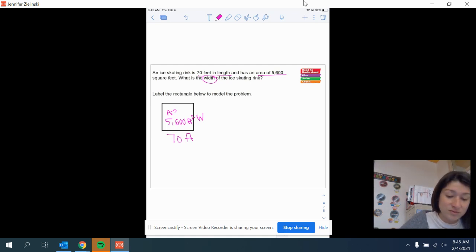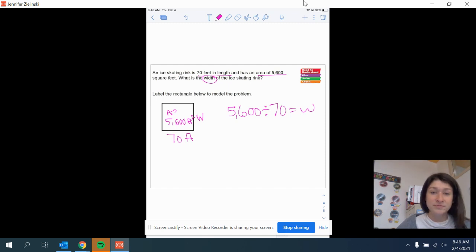Our first way is we can think about our area divided by our missing side equals W. So 5,600 divided by 70 equals W. Or we could do 70 times W equals 5,600.